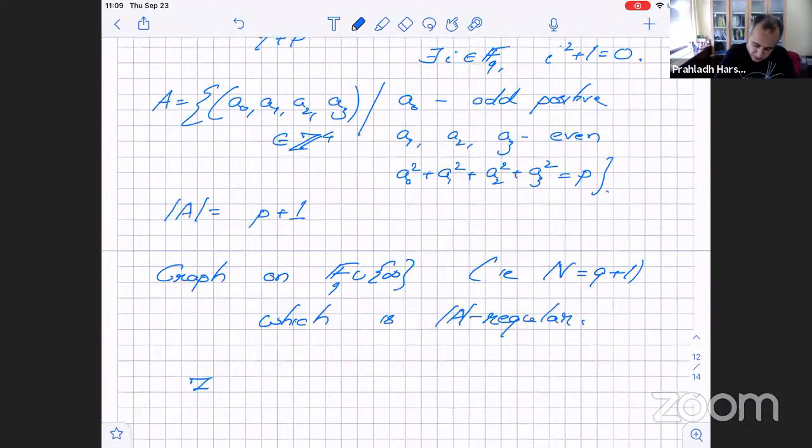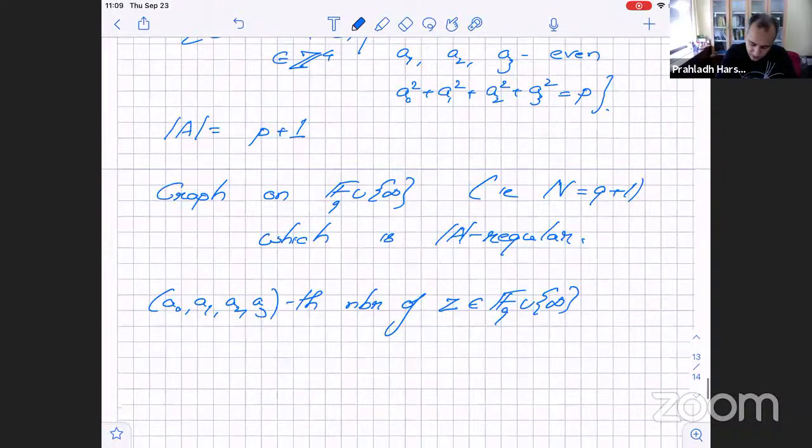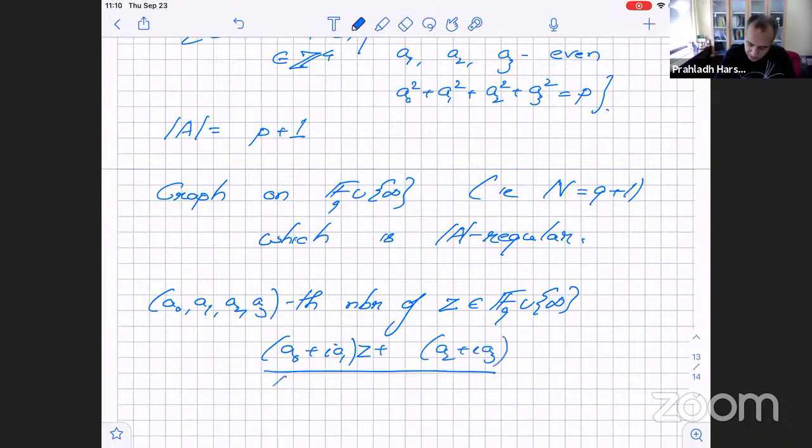For each A0, A1, A2, A3, the neighbor of a Z in FQ union infinity will be this object: A0 plus I A1 plus Z times A2 plus I A3, over minus A2 plus I A3 times Z plus A0 minus I A1.